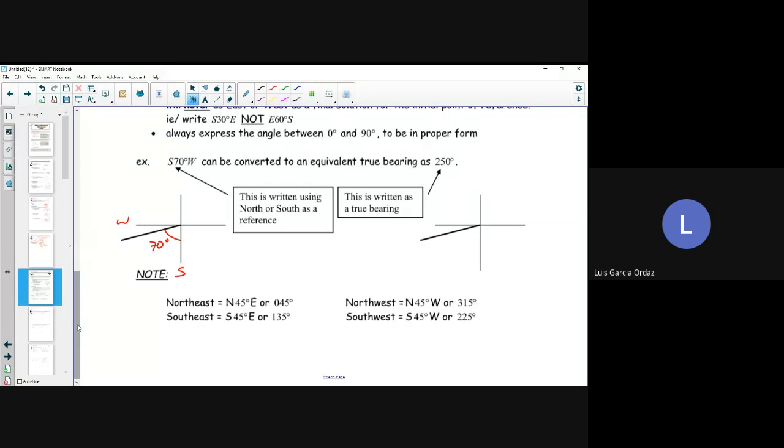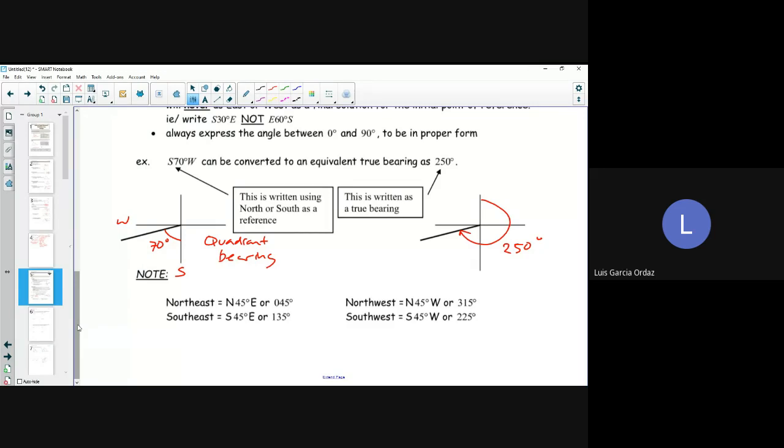So this is my quadrant bearing. My true bearing can be expressed as 250 degrees if we start from here and go clockwise all the way to our terminal arm.